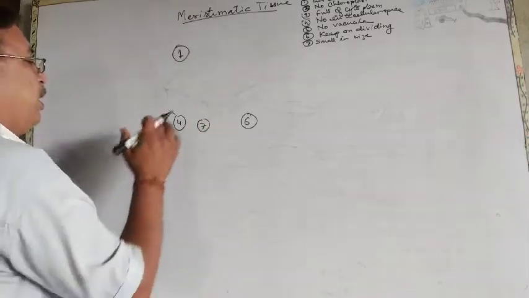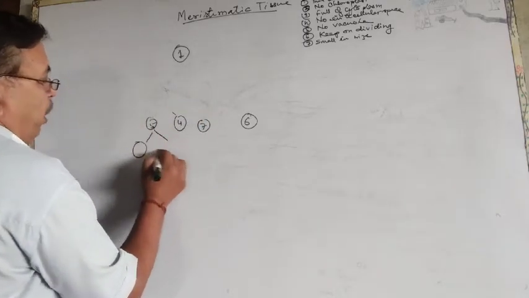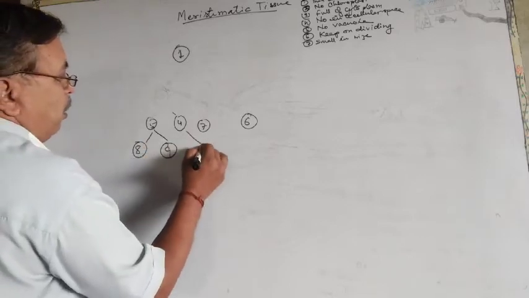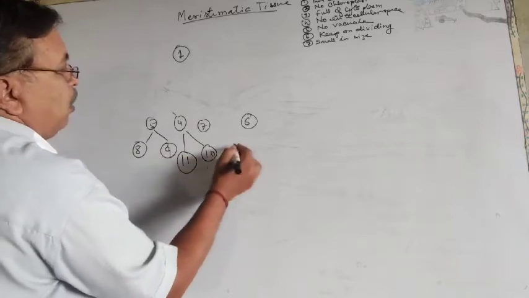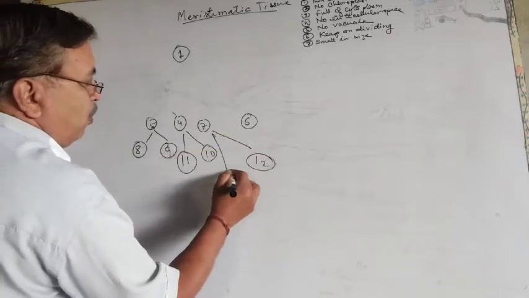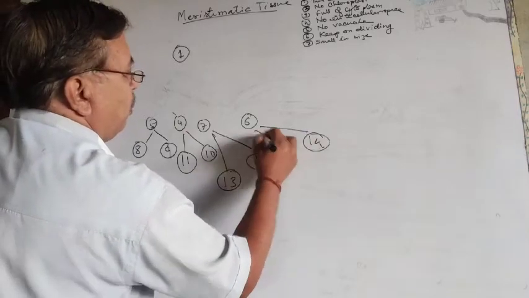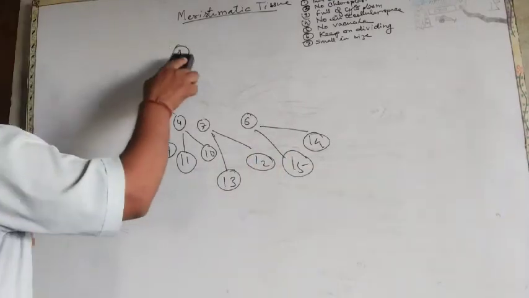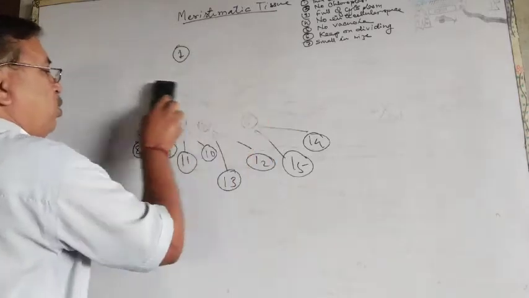Again in the next step, cell number 5 will give rise to cell numbers 8, 9, this will give 10, 11, this will give 12, 13, 14. Now you see cell number 1, which started the life, is seen no more.